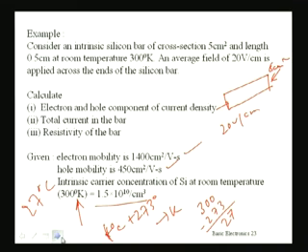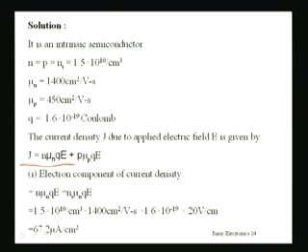Now you have to find out electron and hole component of current density. If we are to find out electron and hole component of current density, we must use that equation. This equation is J equal to N mu N QE plus P mu P QE. Now you have to see what are the data given to you. So we know already N is equal to P is equal to Ni in an intrinsic semiconductor, since this is an intrinsic semiconductor, and its value is given in the data as 1.5 into 10 to the power 10 per centimeter cube.